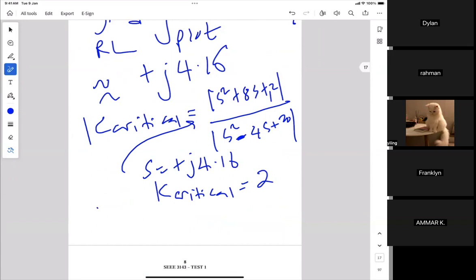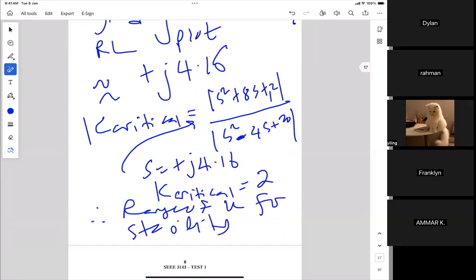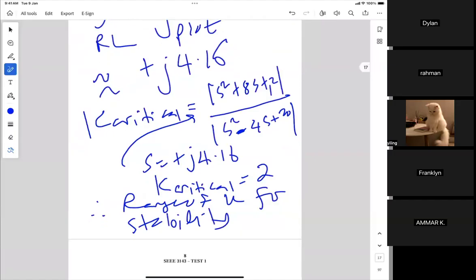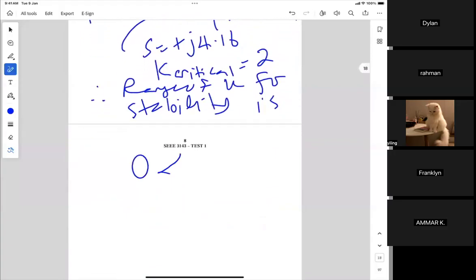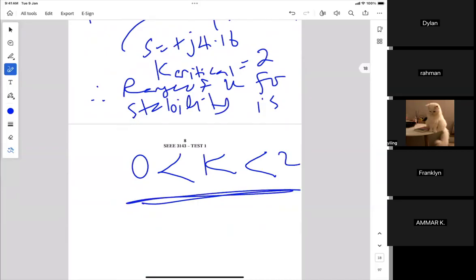Okay. Dua. So range of K for stability is 0 to 2. Kan?